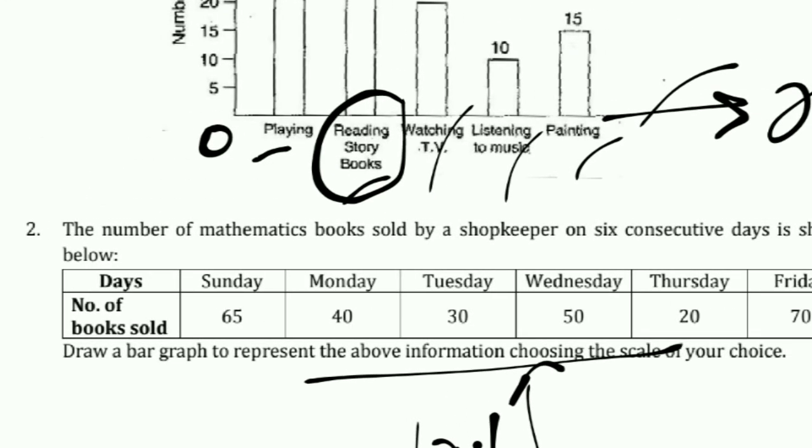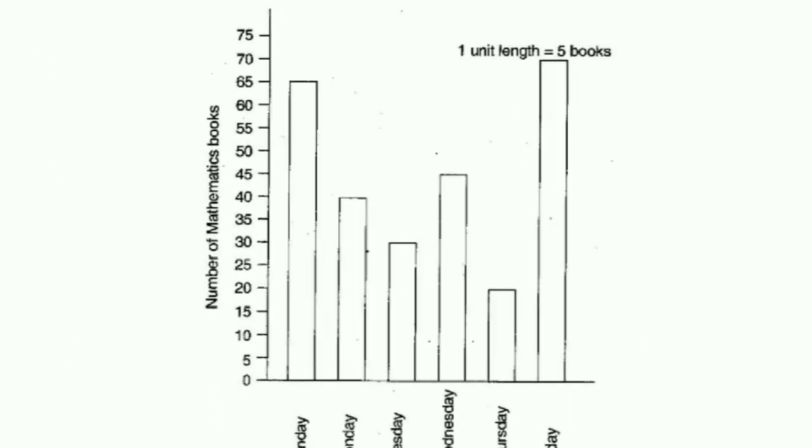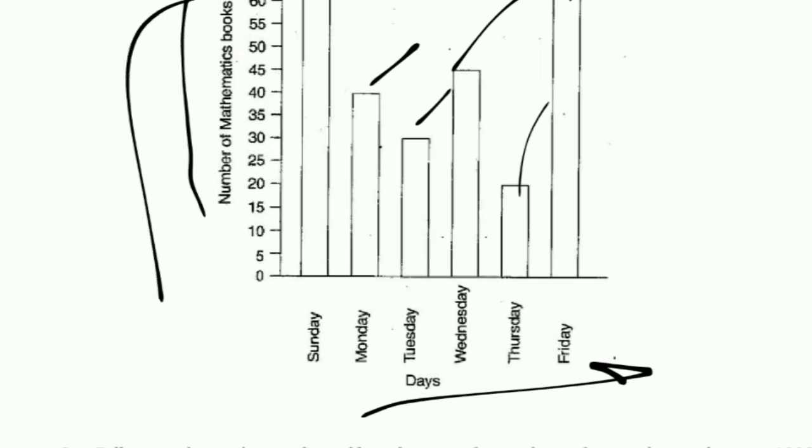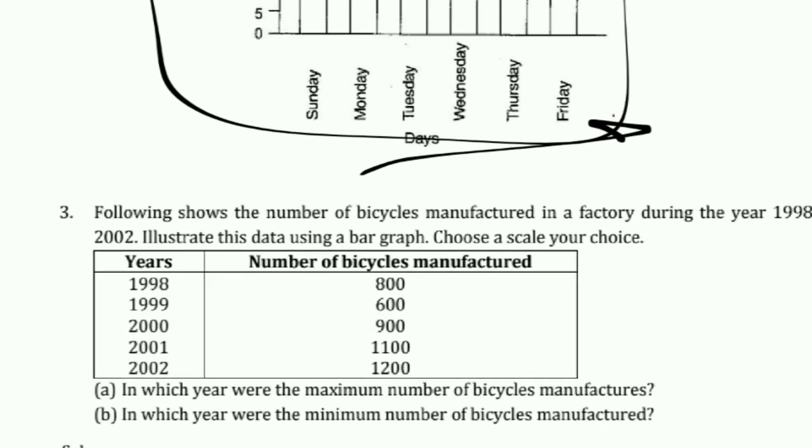You can use 0, 5, 10, 15, 20, or you can take 0, 10, 20, 30, 40. Now we will see the number of mathematics books and days. Sunday, how many books? 65. Then Monday 40, Tuesday 30, Wednesday 45, Thursday 20, and Friday 70. So these are the information we have to put on the bar graph.